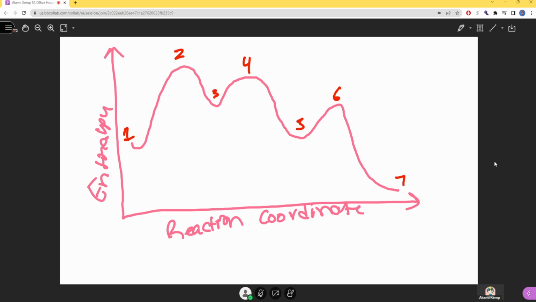So, which of the labeled points in the reaction profile indicates an intermediate? Yeah, 3, and what's the other number? 5. 3 and 5 are your intermediates. So what would be 2, 4, and 6?